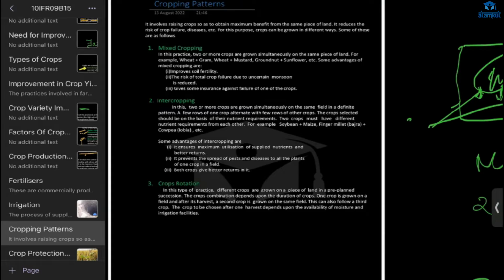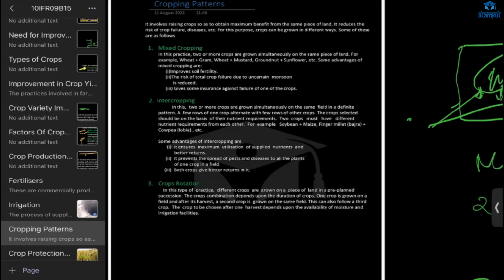In this, two or more different crops will be planted on the same piece of land in one growing season, and they are not competitive. One crop's nutrition requirement will be different from the other crops, and that's how the crops are selected.